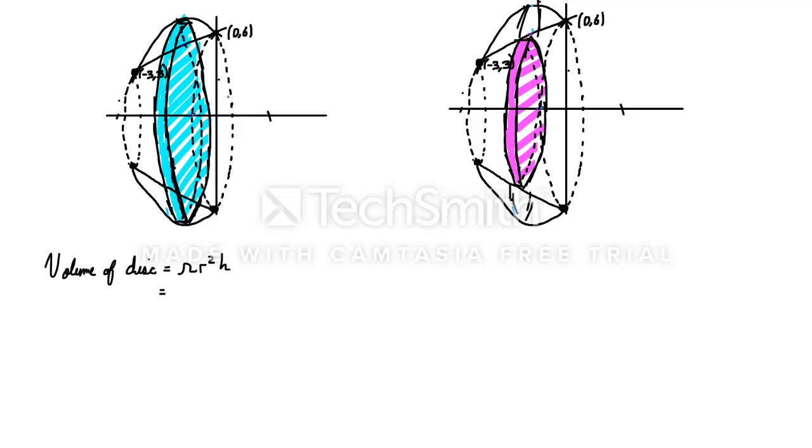But in terms of our disk, we notice that we have a height given by an infinitesimally small unit of length on the x-axis. You might notice that our radius is given by the height of this function above the x-axis, which is of course the function itself.